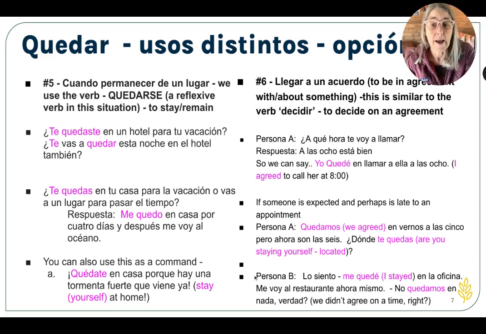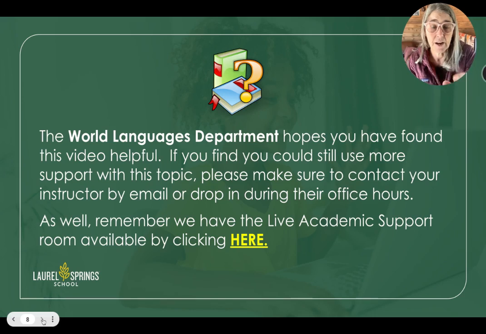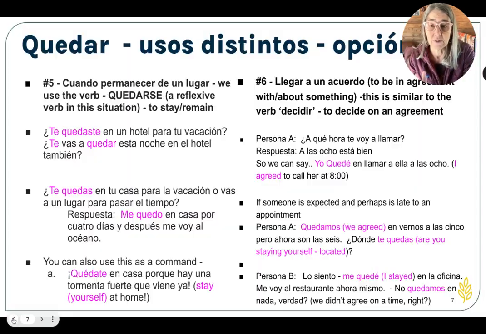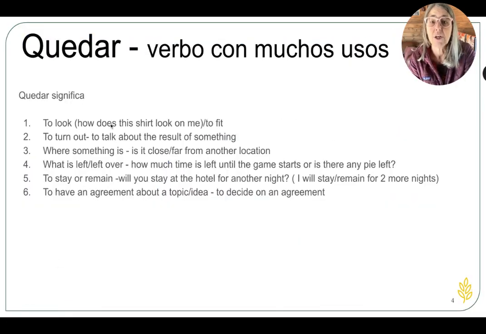So to recap, quedar has tons of uses. So again, it's all right here. It can be used to fit. How does it look on me? How does it fit me? Clothing item, etc. As a result of something, like the soup turned out good.